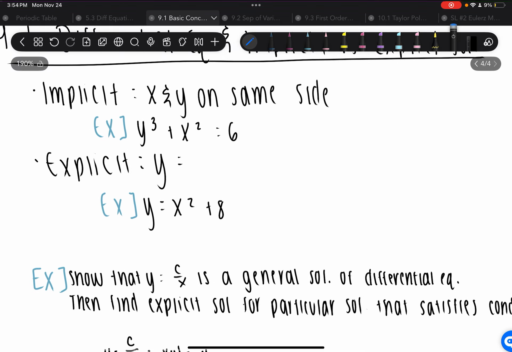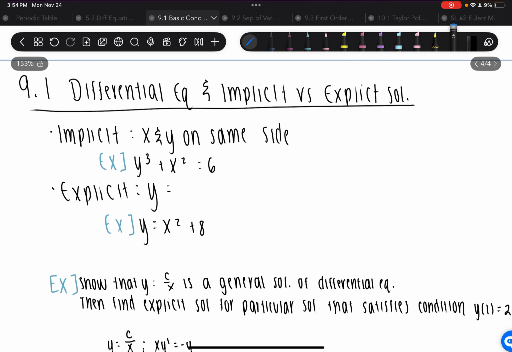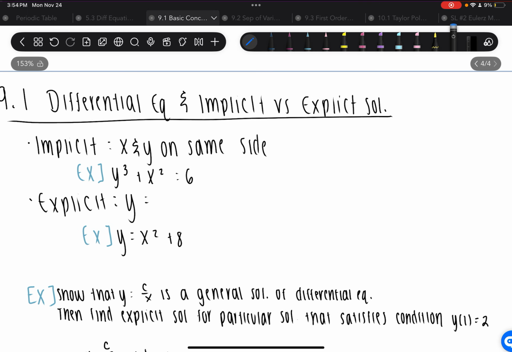Okay, let's get into an example problem. The example problem is going to go over differential equations and verifying that an equation is the general solution of a differential equation. This is the first part.